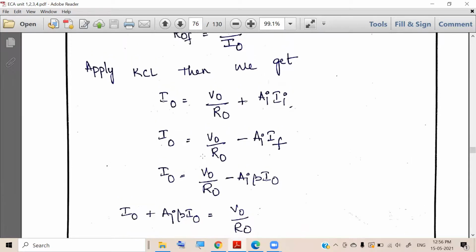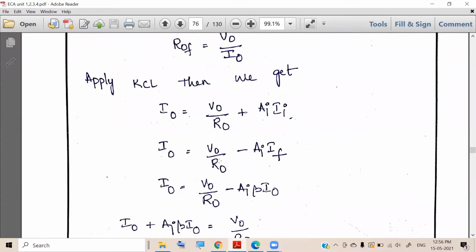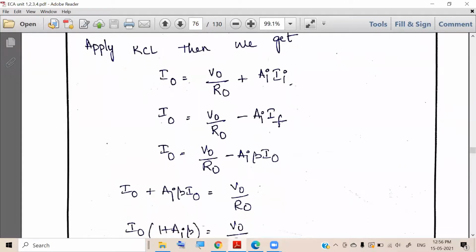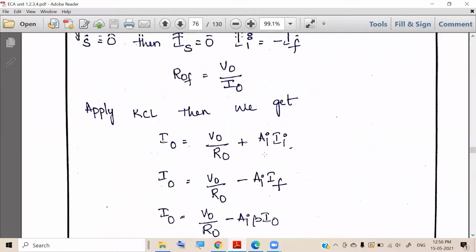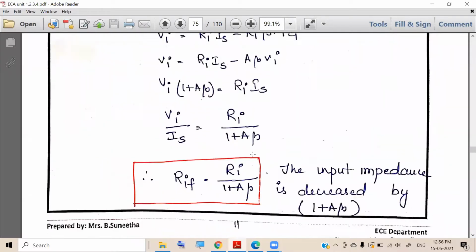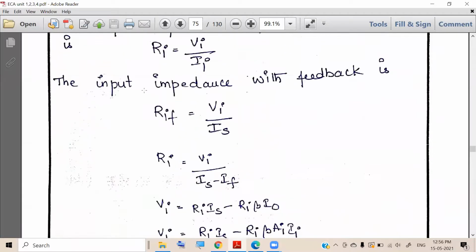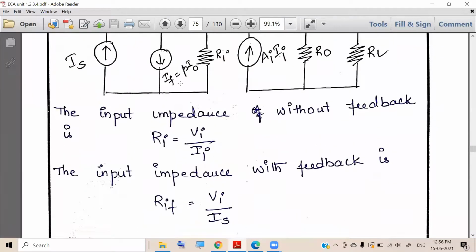IF in this case is nothing but beta into I naught. We already discussed this before I explained input resistance.